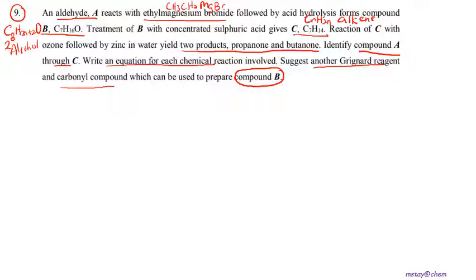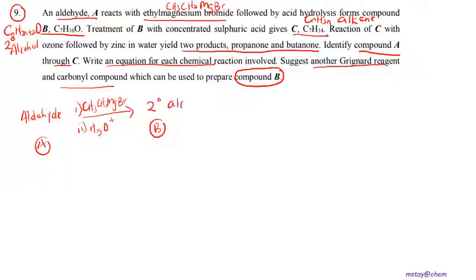Okay, after we read this, we basically know A is an aldehyde. When it reacts with the Grignard reagent, followed by hydrolysis, it produces B, which is a secondary alcohol with the formula C7H16O.